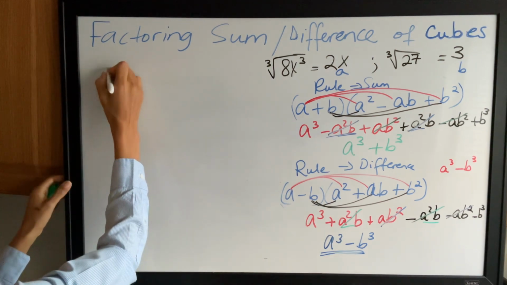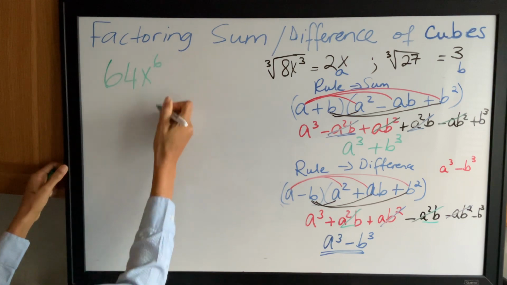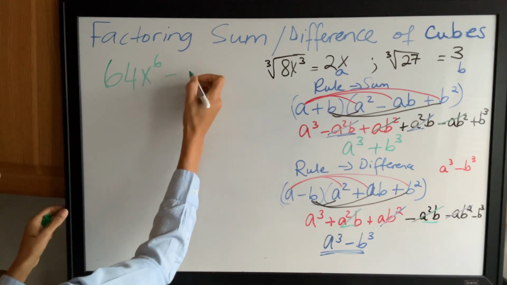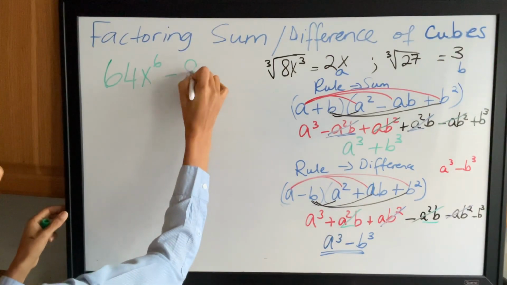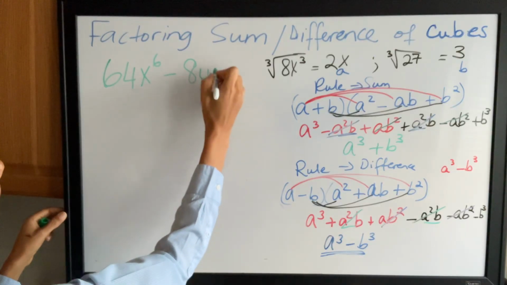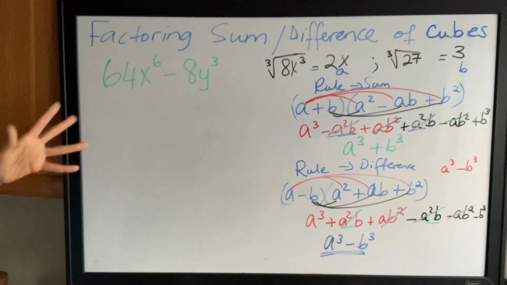I'm going to use 64x to the 6th power minus, let's say, 8y to the 3rd power. Okay, so let's simplify this.